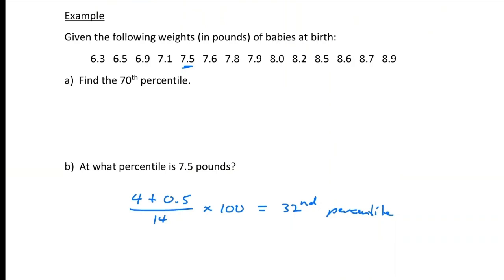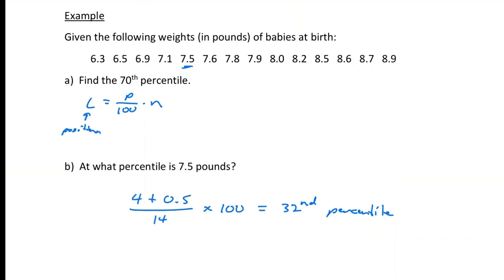So to kind of turn this equation around, and I won't go through the math of that, basically we are going to use this formula. L is the position of the value. That's what we're finding, because once we know the position, we can count out and find the actual value.